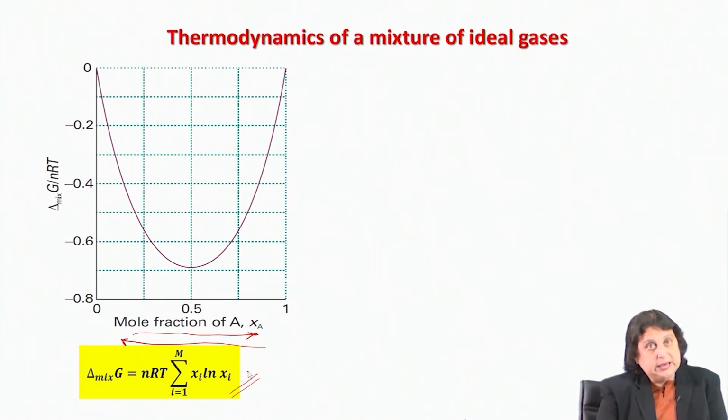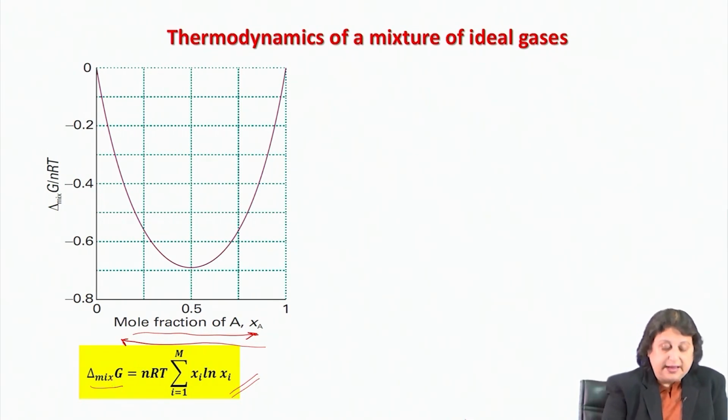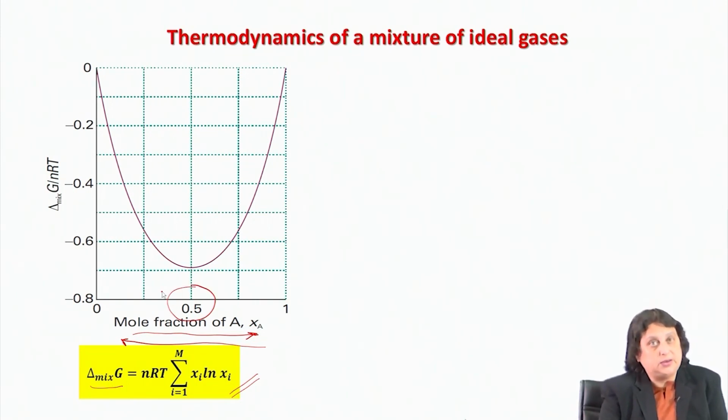Therefore, if you take a derivative of delta G mixing with respect to Xi, or in this case XA, you should be able to show that this minimum would appear when XA is equal to 0.5.